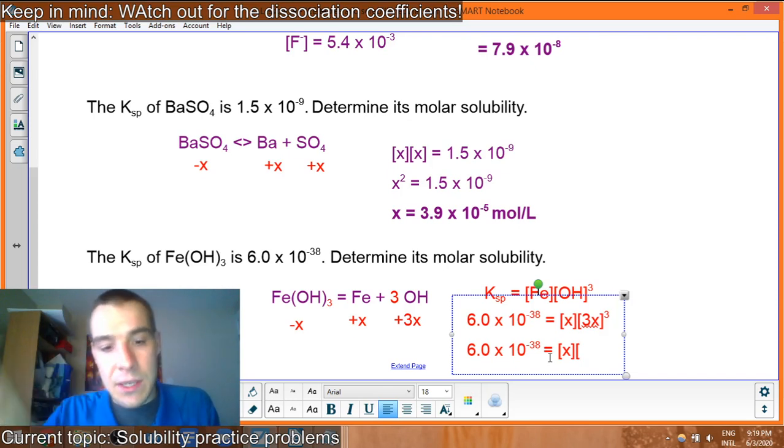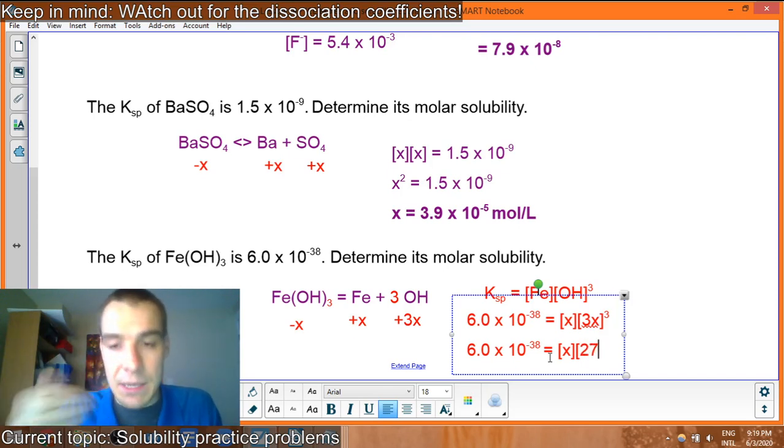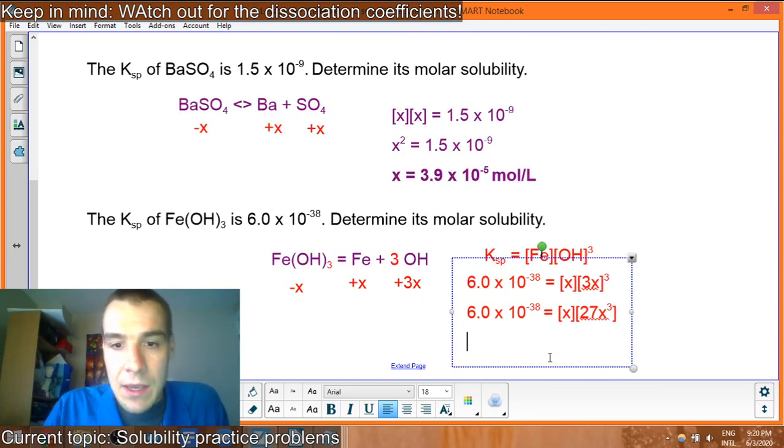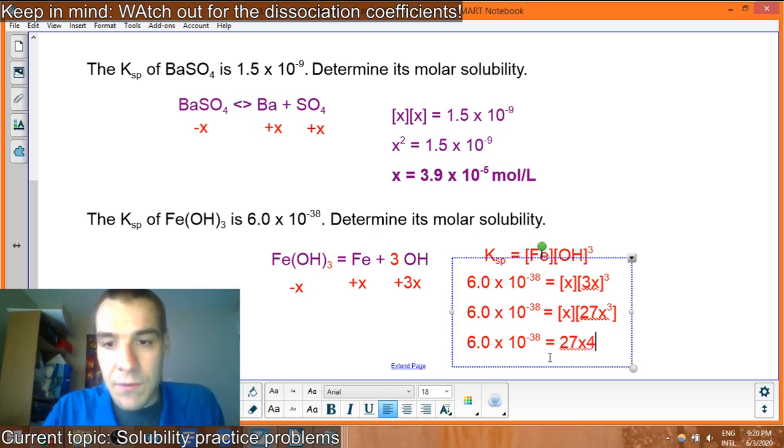So 3 cubed is 27, 3 times 3 times 3, and then x cubed. We'll bring that exponent into the brackets. And then we get 6.0 times 10 to the negative 38 is equal to 27x to the 4.